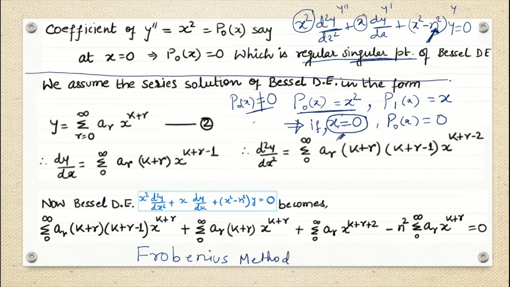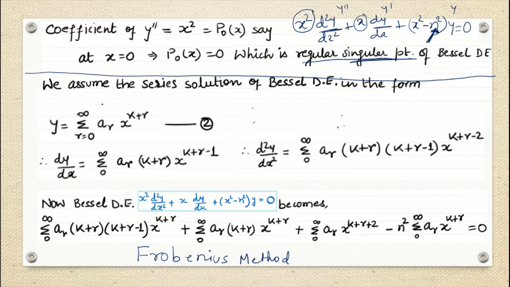Now what we are starting with is assuming the series solution of the Bessel differential equation in the form y equals summation of a_r x to the power k plus r.